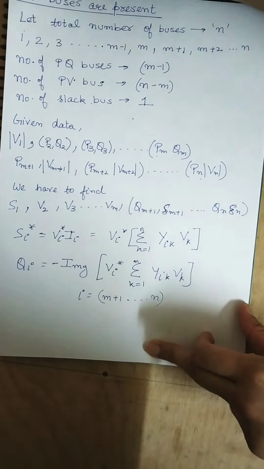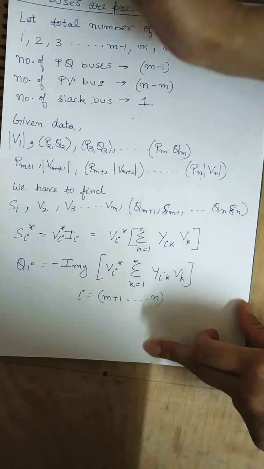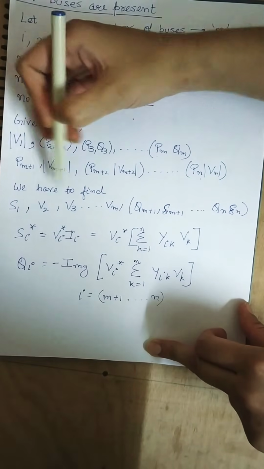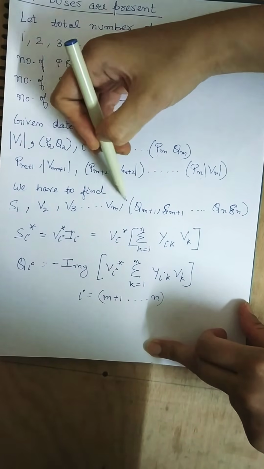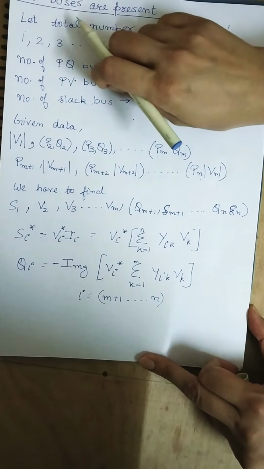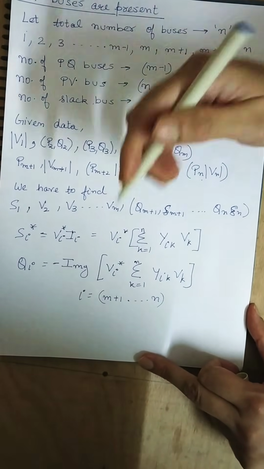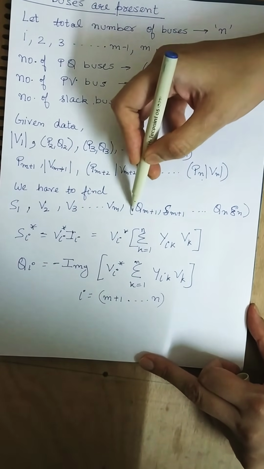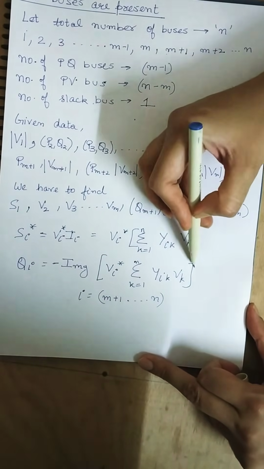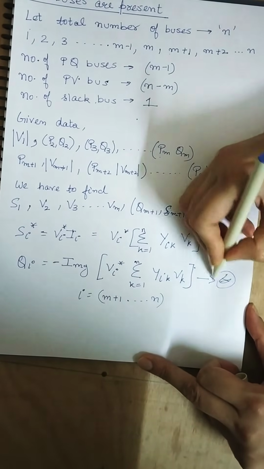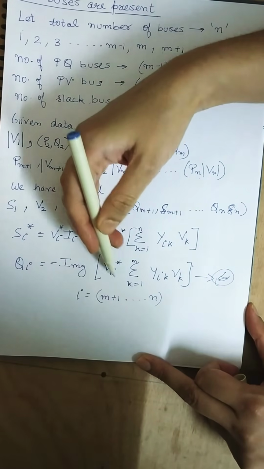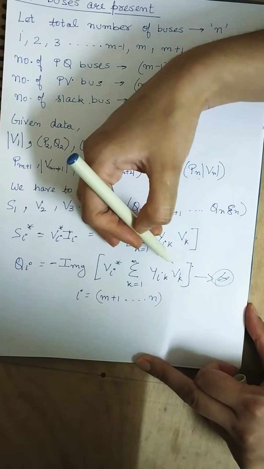If we have understood the system where PV buses are absent, wherever we have to find the voltage, we do it in the same way as when PV buses were absent. And wherever we have to find the reactive power, we will use this formula A. This formula is the equation of complex power S, in which we put the value of current.